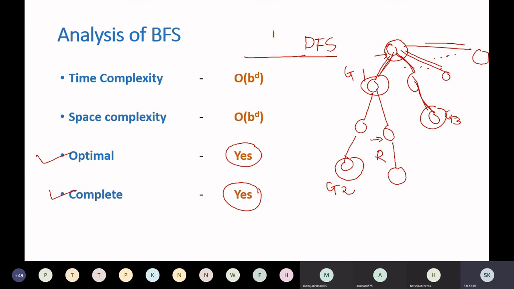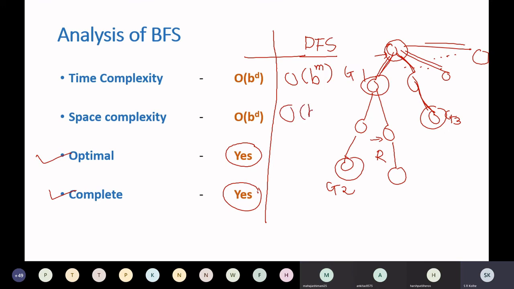Now compare this with DFS. In DFS, the time complexity was order of B raised to M, where B is the branching factor and M is the depth at which the solution is found. What was the space complexity in DFS?